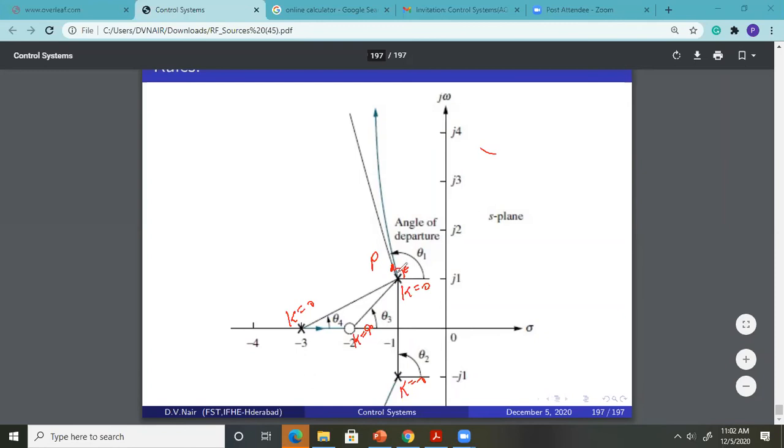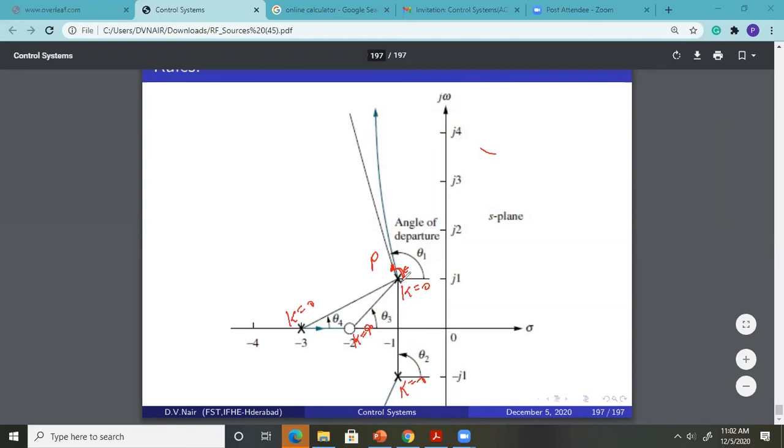I am taking point P, though I am showing you here that it is this as point P. The angle made by this open loop pole is epsilon. Yes, sir. But this P is so close to this open loop pole that for other poles and zeros, instead of joining to P, you can join directly to this open loop pole, because it is in the immediate vicinity of the open loop pole.